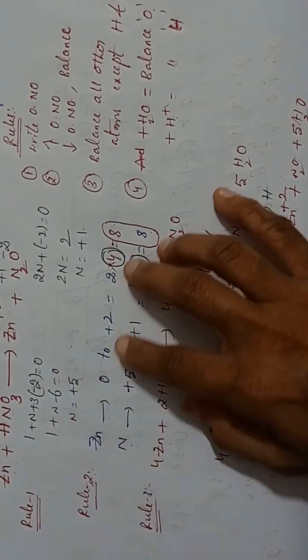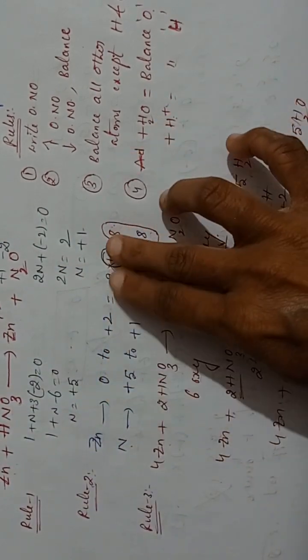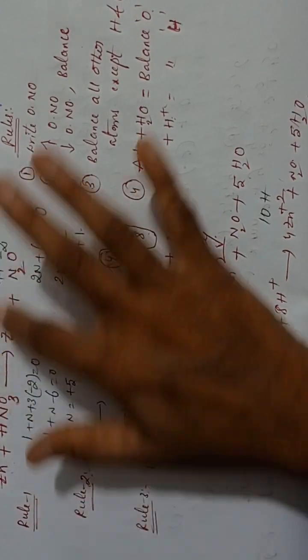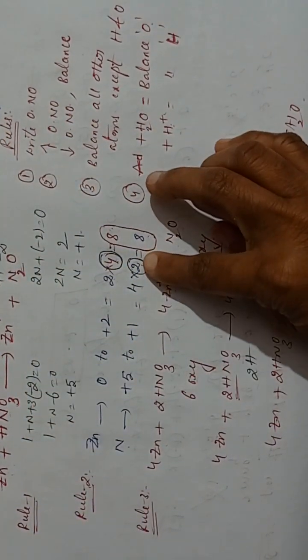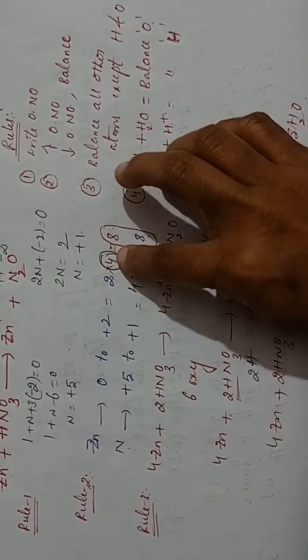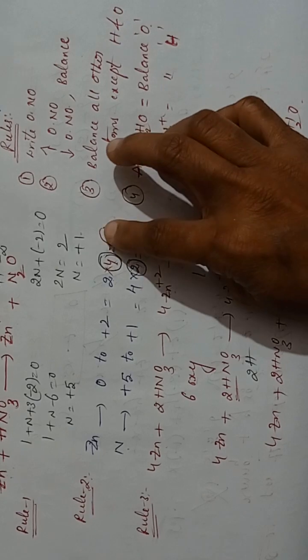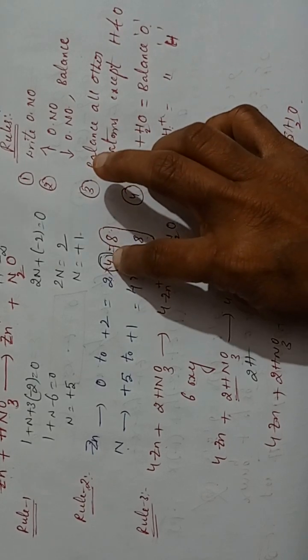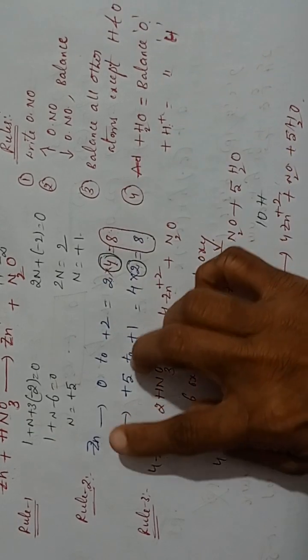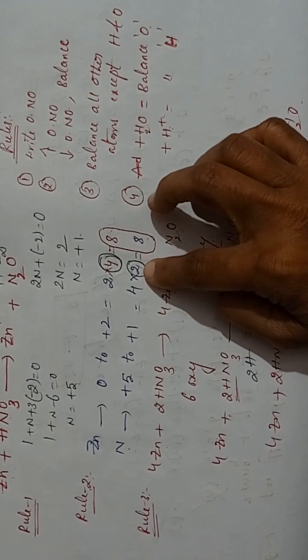Next you have to find the increase and decrease in oxidation number. If 2 atoms are there, you multiply with 2 to get one value. Zinc also should get the same value, 8. When you multiply with 4, you get 8. That means zinc compounds you multiply with 4, nitrogen compounds you multiply with 2, students.